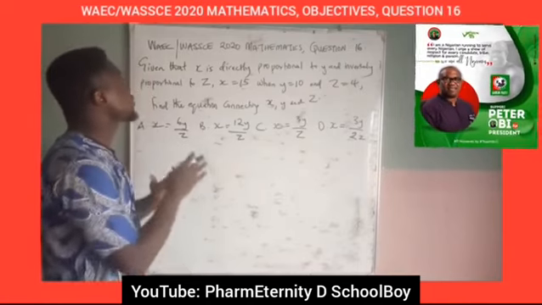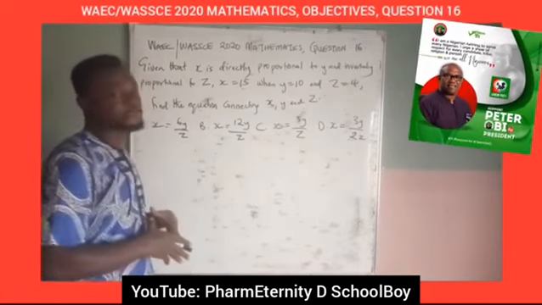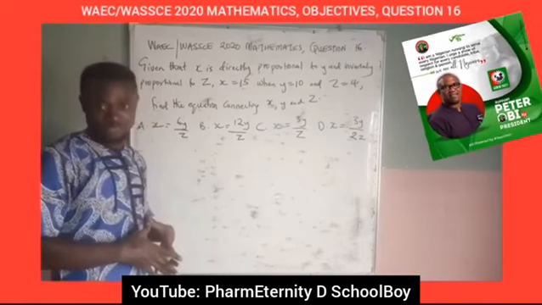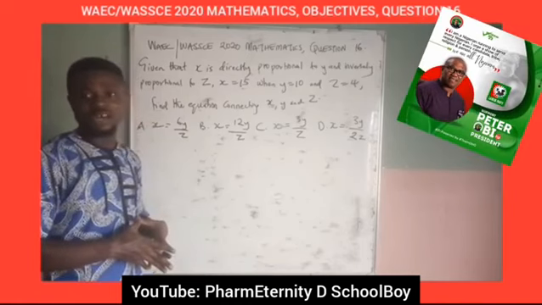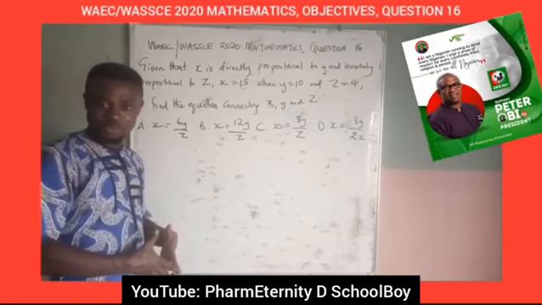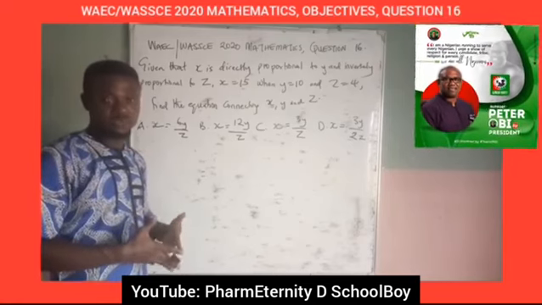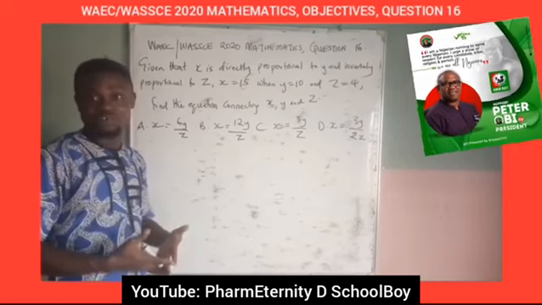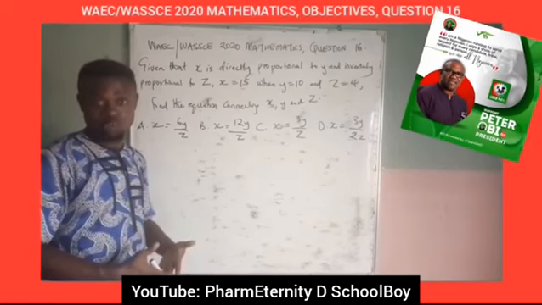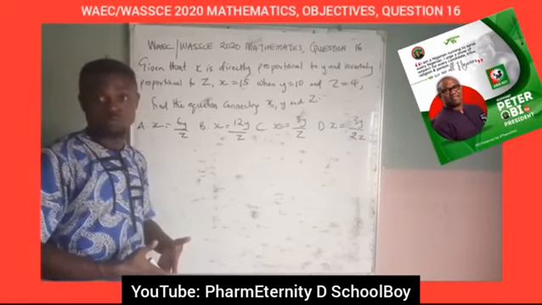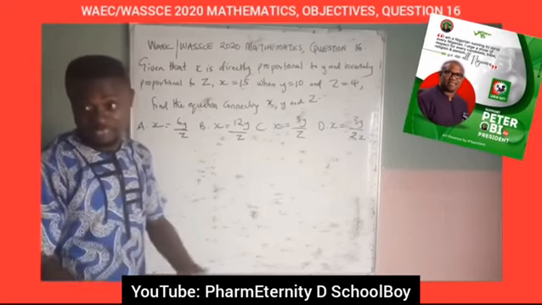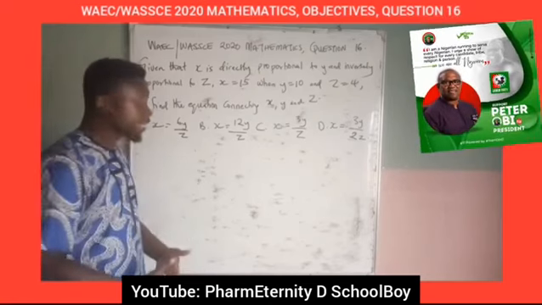All right, this question is all about variation. In variation, we have direct proportion, so simply direct variation. We have indirect, we have joint, and we also have partial.